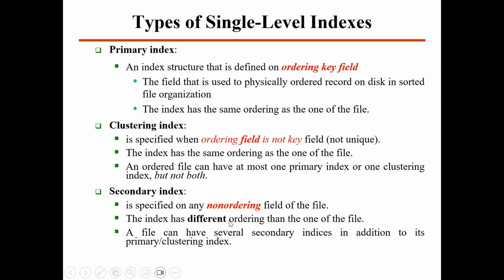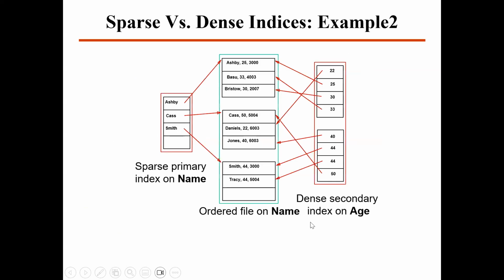The index has a different ordering than the file. Now you see here, the data file is ordered, but the index is not ordered. The ordering in the secondary index doesn't matter, because here we are talking about a non-ordering key field. Age is a non-ordering key field.